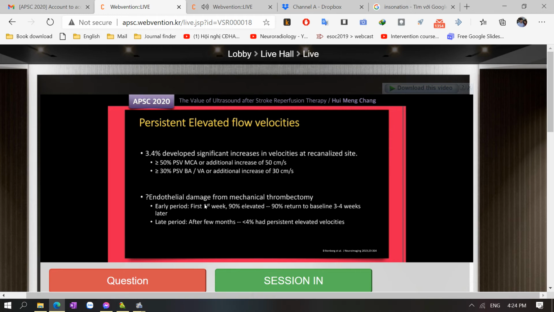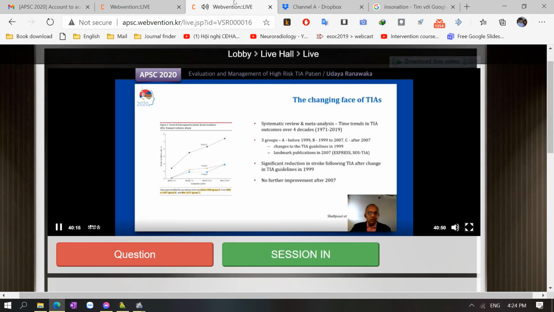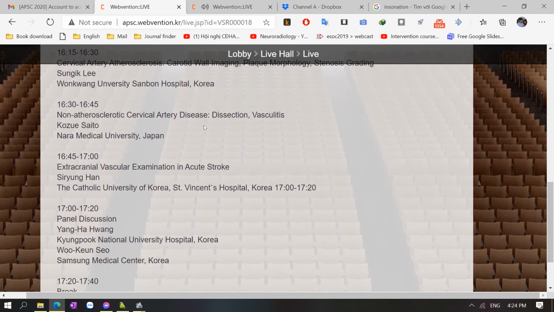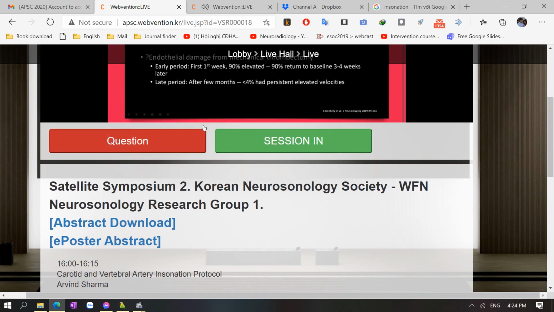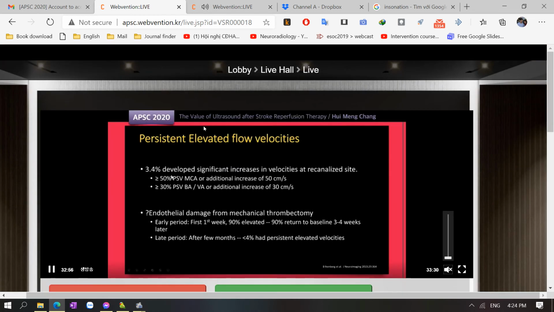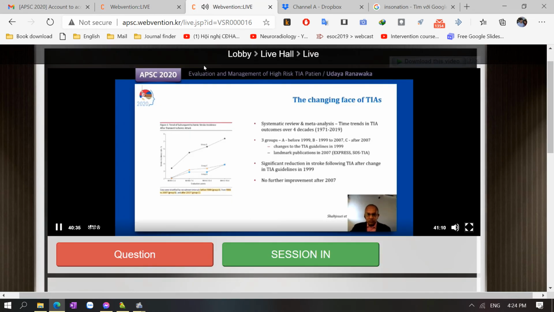And what we can clearly see is that there has been a significant stroke risk reduction following the introduction of the TIA guidelines in 1999. There's a clear reduction of stroke risk between Group A and B. What we also can see is that there has been hardly an improvement from Group B to Group C. So clearly, there's a lot more that we need to do.